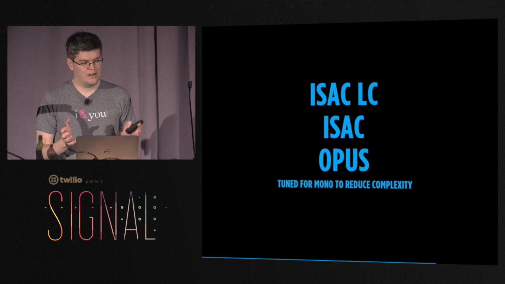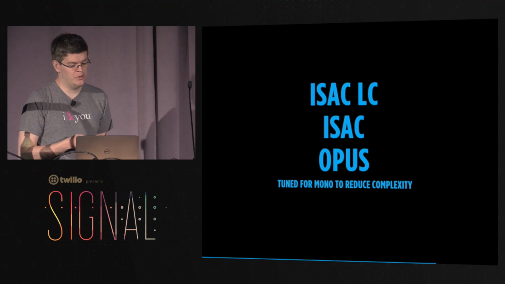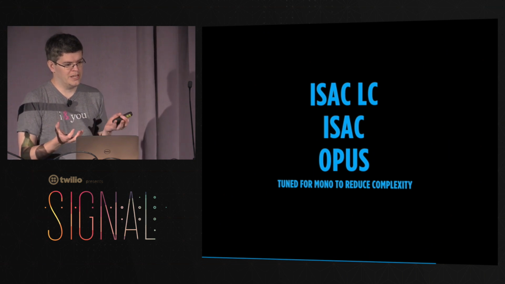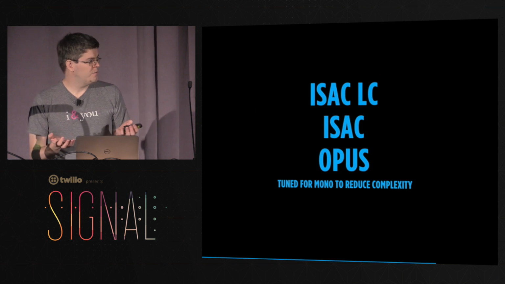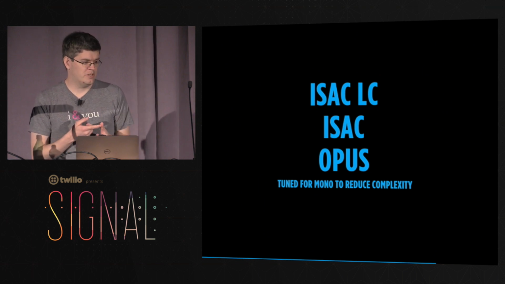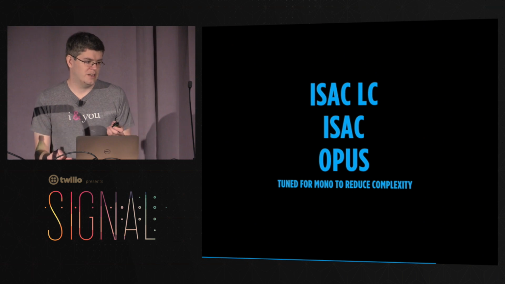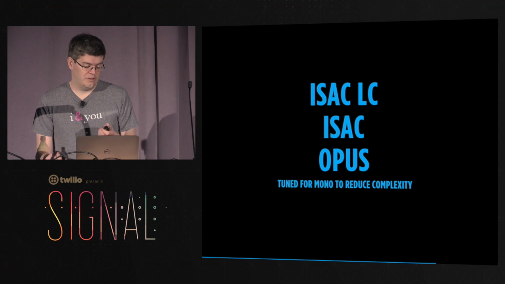And if they're talking to Firefox, they fall back to the Opus codec. And even there, they have tuned it to reduce the complexity because Opus is pretty computationally expensive on mobile devices. So they tuned it for mono usage because mobile phones typically only have a single microphone and speaker. So stereo doesn't make sense.